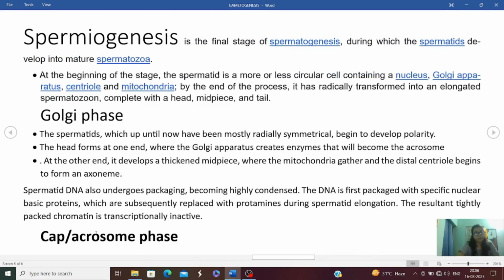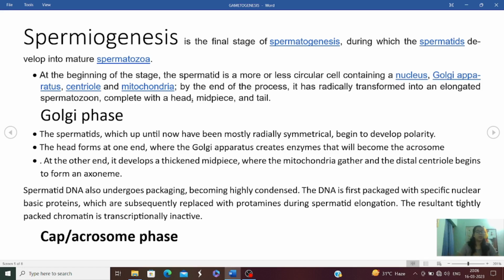So what all happens in these phases? Basically the spermatozoa contain the chromosomes, nucleus, Golgi apparatus, centriole and mitochondria. Head, middle piece and tail will be formed in this process. So what happened in the Golgi phase? During this phase, the Golgi apparatus will create enzymes that will become the acrosome.